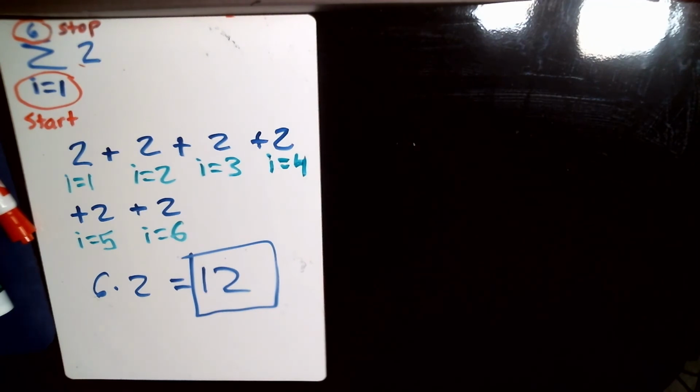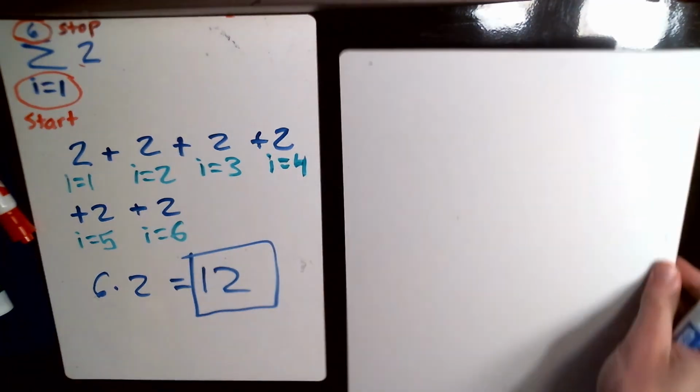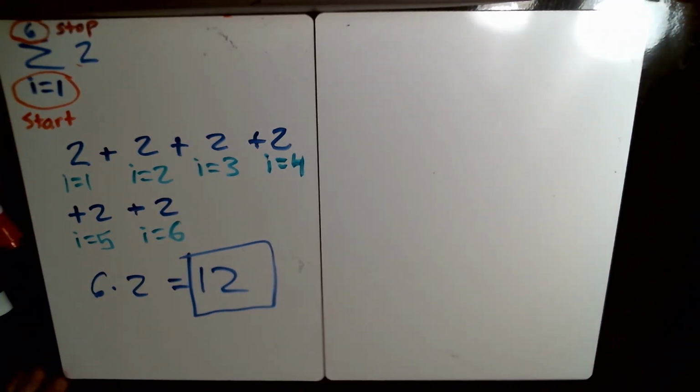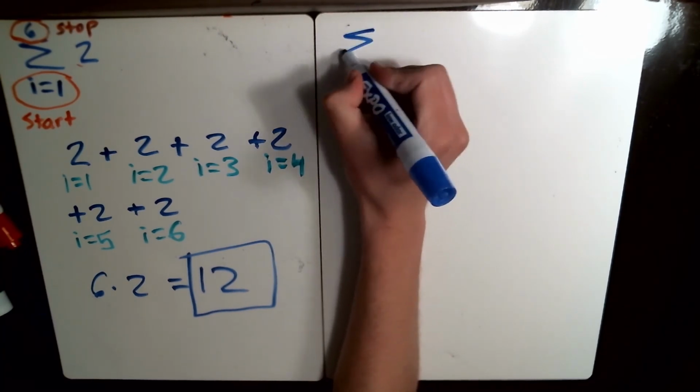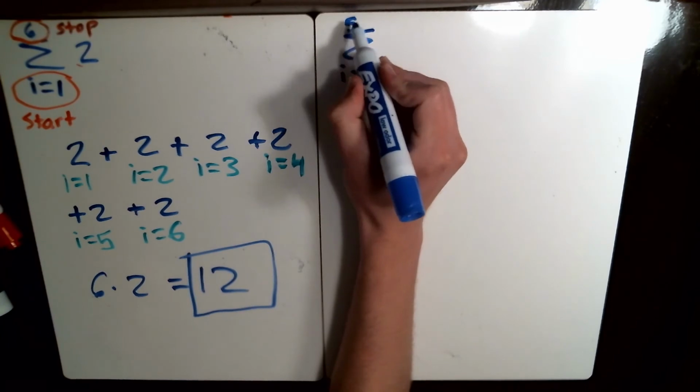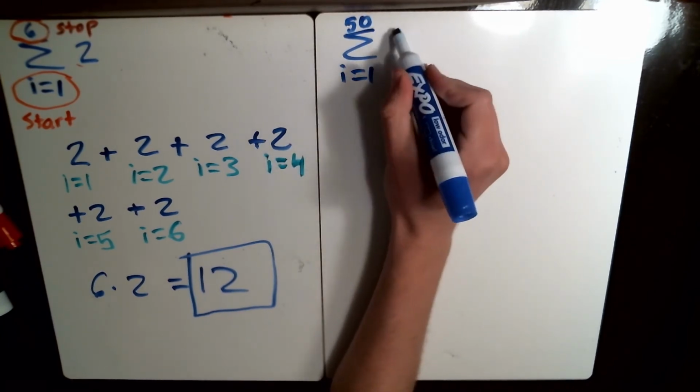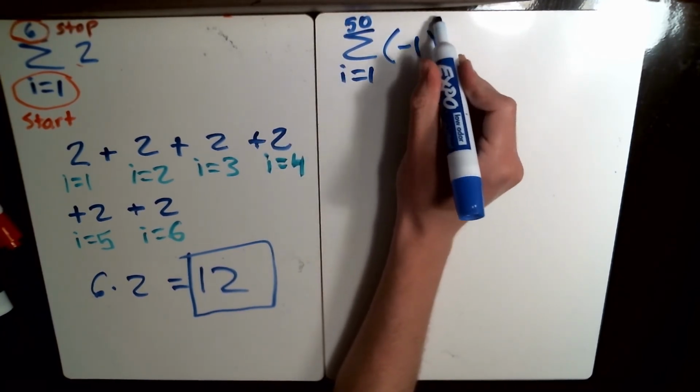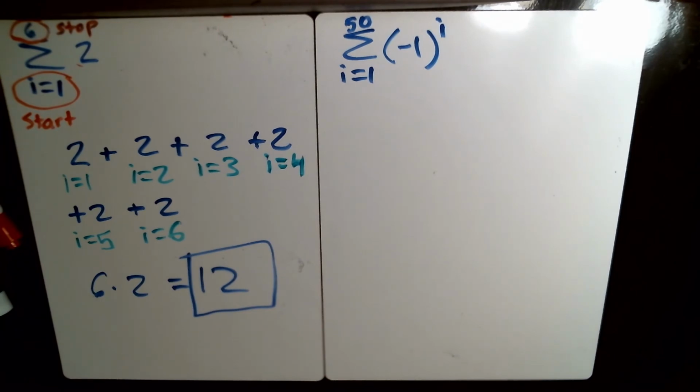One last example I want to show you that's a little bit messier than the ones we were doing. So let's do the sum from I equals 1 to 50 of -1 to the I power. Okay.